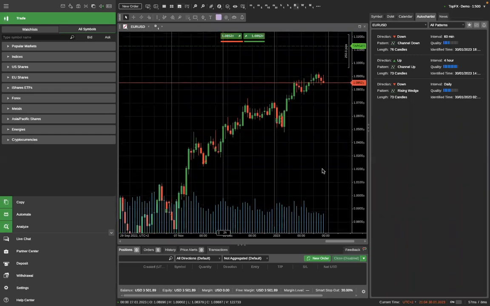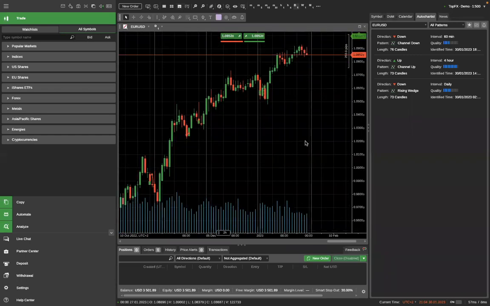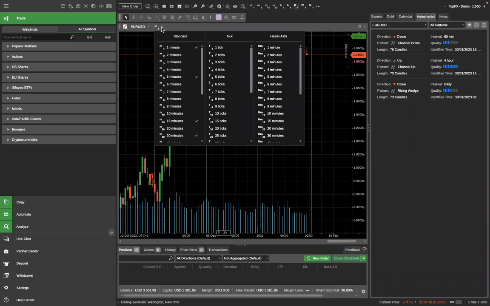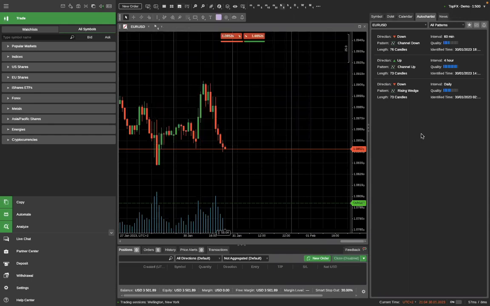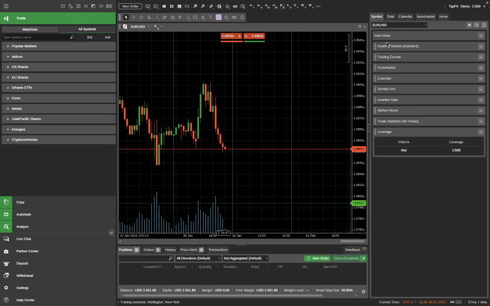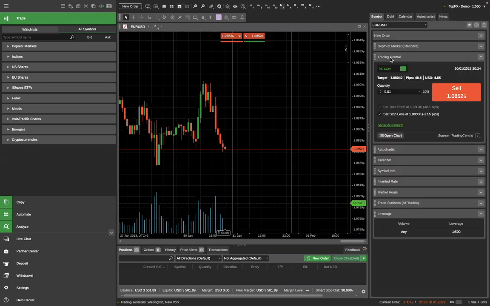However, we are not going to analyze this overall situation too much. What we are going to do most likely is make some important trades using the smart stop out system. So what do we have here on the right hand side? We got all of the panels regarding the depth of the market, and trading central, with very nice signals and setups.